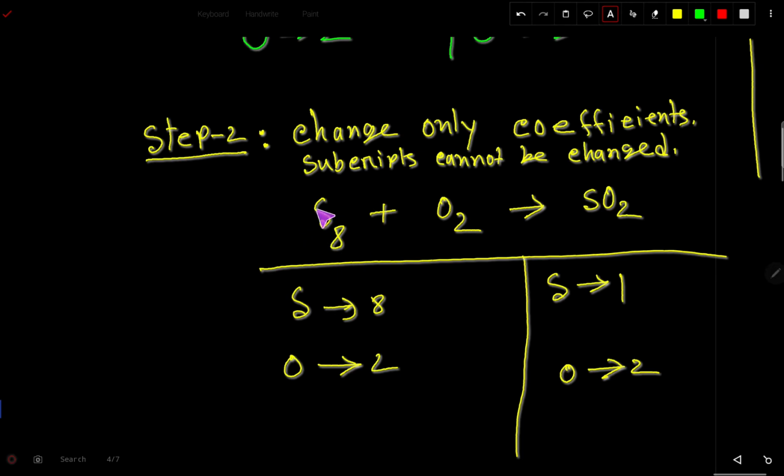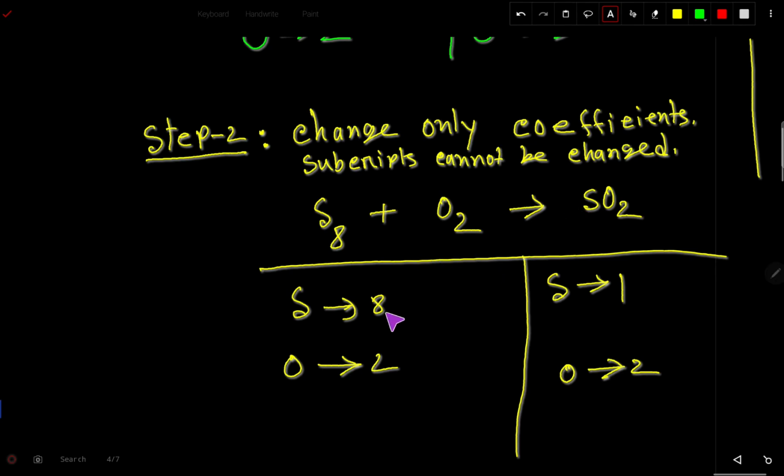Here the coefficient of S8 is 1, O2 is 1, and the coefficient of SO2 is 1, but we don't write the 1. The subscript of sulfur is 8 and of oxygen is 2; in SO2 the subscript of sulfur is 1 and of oxygen is 2. So we will not change the subscript, we will change the coefficient that is written before, right?